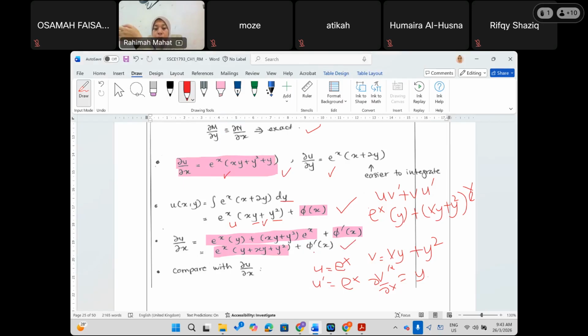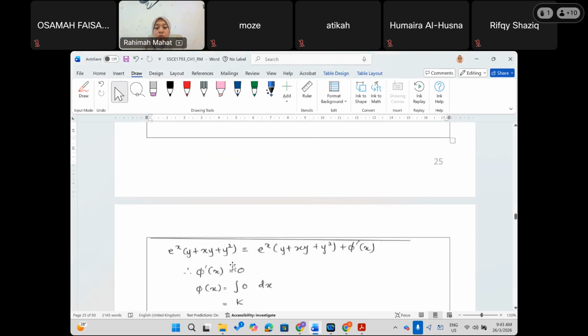Why do you want to compare? Because you want to get the phi prime x. So by comparing, we can see that all is similar. So you can conclude that phi prime x is equal to 0.